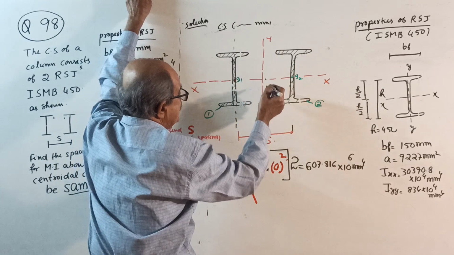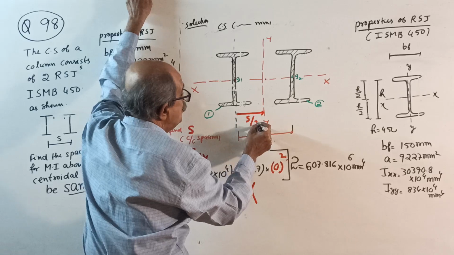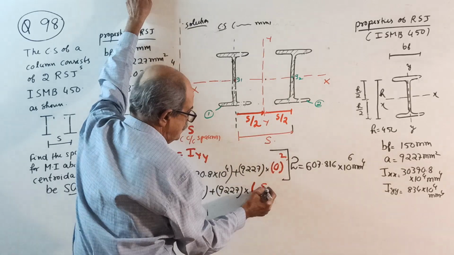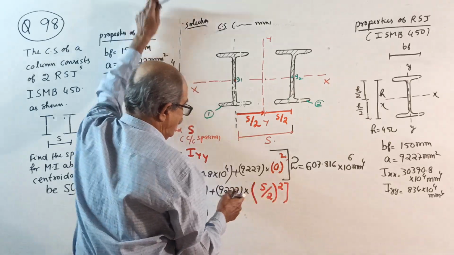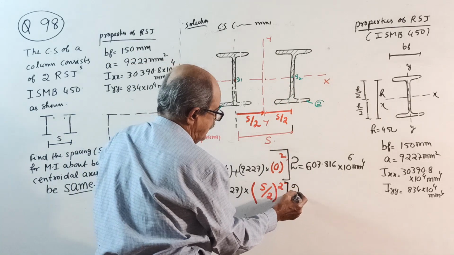See, when this is S, this will be S by 2, into S by 2 whole square is Iyy. Whatever you get, then you have to multiply by 2.